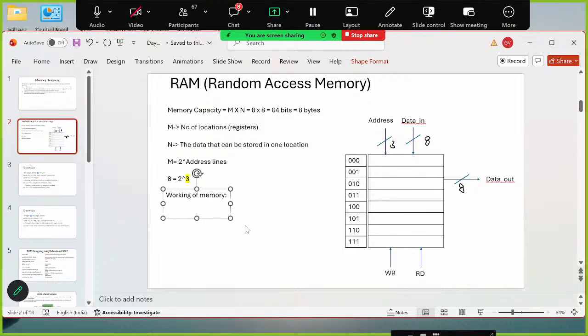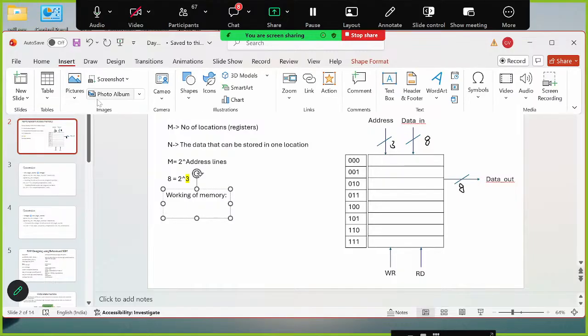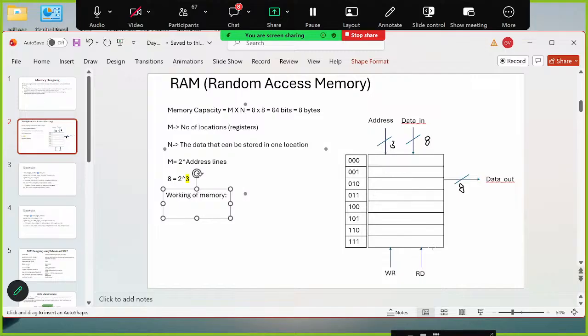Okay, and to synchronize all these things, we further need two more signals, which we have left out. What are these two signals? Clock and reset. So let's draw them also.